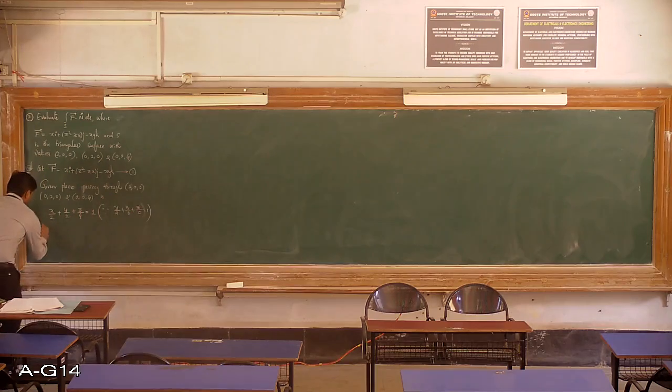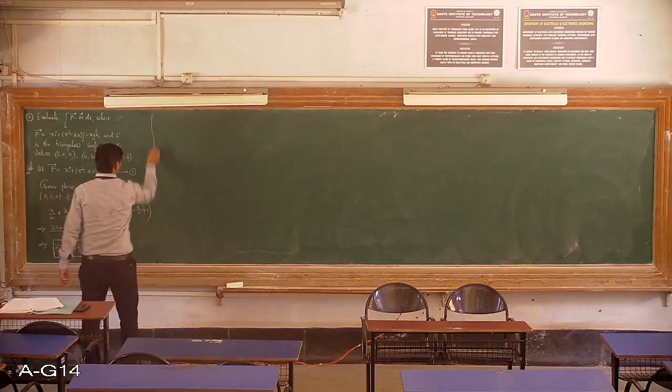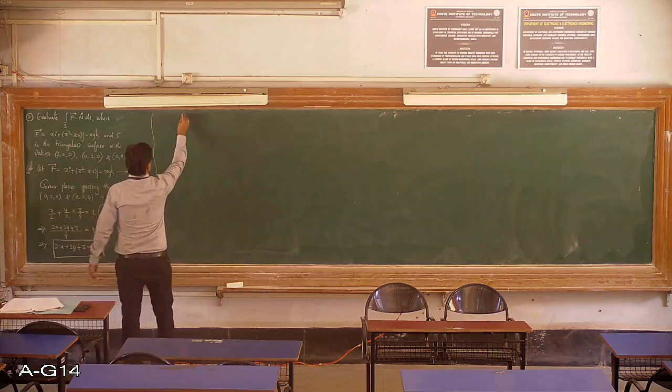Now simplify this. What is the LCM? LCM is 4. One can very easily understand. This is 2x plus 2y plus z is equals to 4, which implies that 2x plus 2y plus z is equals to 4 is the equation of the plane. And how will it pass? So here I'll draw. Its geometry is like this.